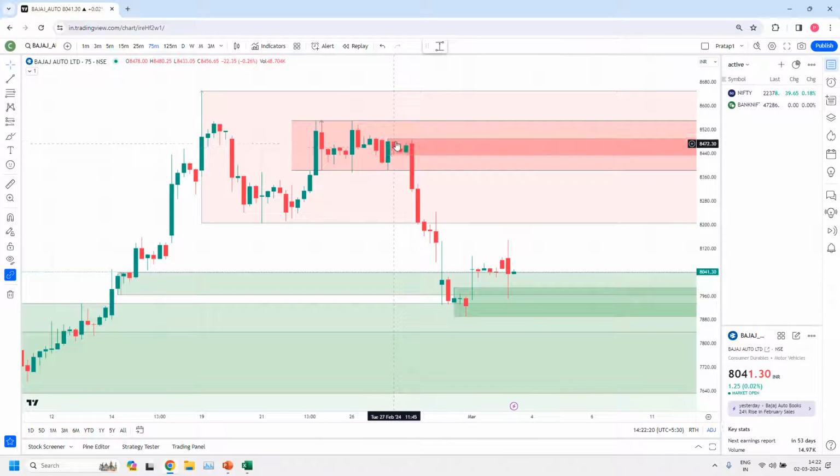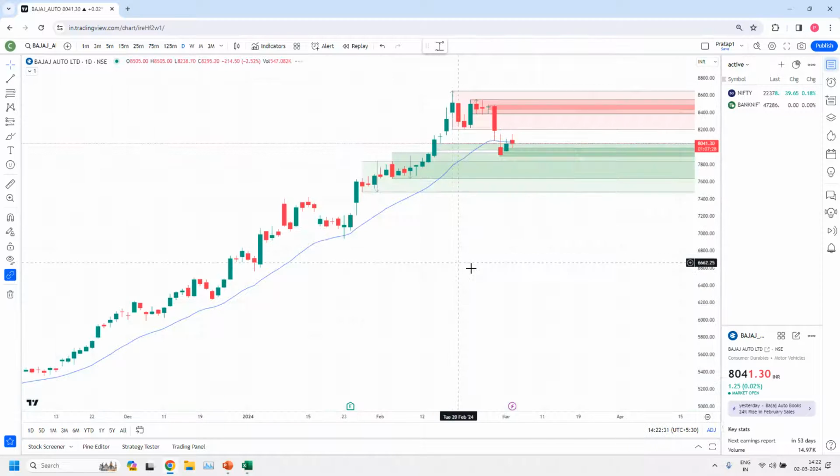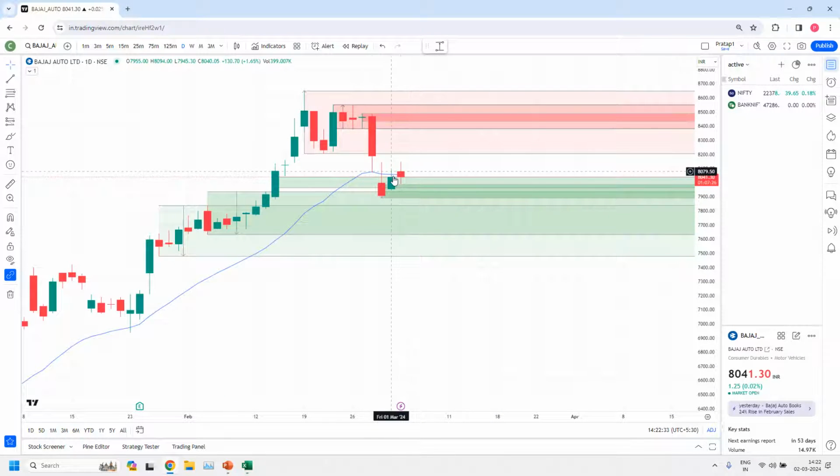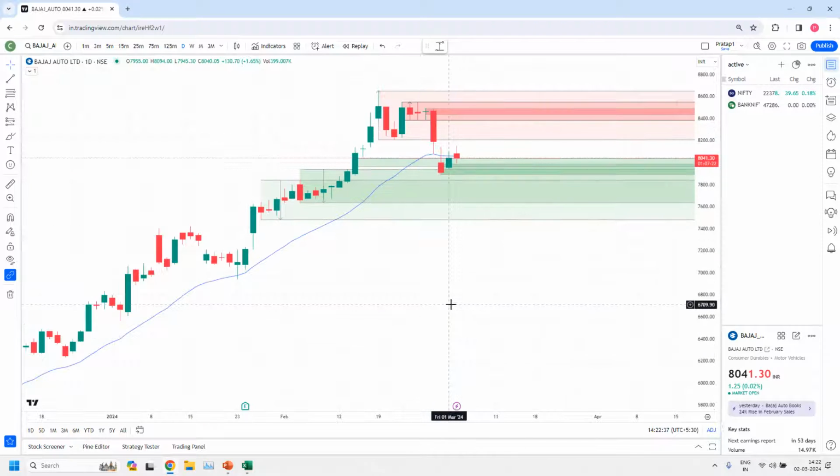Okay, currently we can't check with 75 minutes. 75 minutes EMA Confluence is invalid. So let us check the daily. I'm changing the time frame to daily. So this is the daily EMA, the blue color line. Is it having any EMA Confluence here? No, it is not having. Okay, at least HTF EMA Confluence.